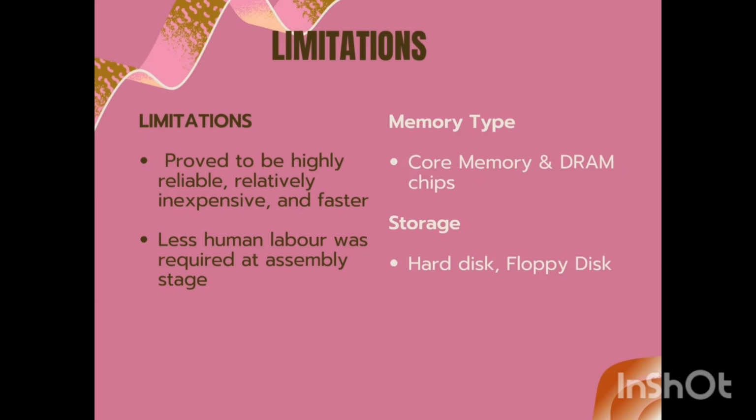Now, memory type. Which memory types were used in third generation? Core memory and RAM chips, DRAM chips actually, were used in third generation computers. For storage purposes, hard disks and floppy disks were used.